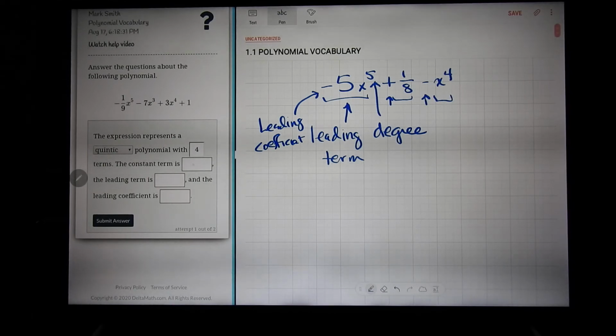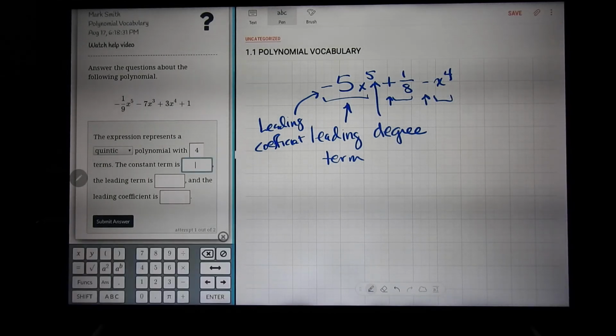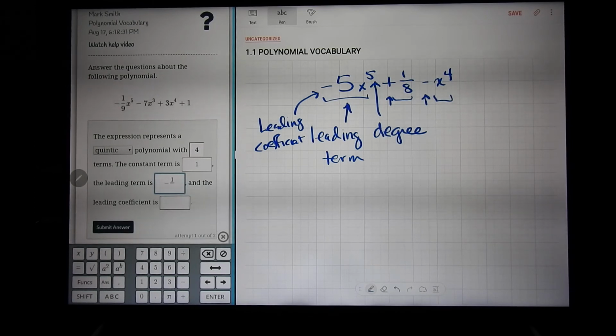Then we have the constant term, the one that doesn't change, which is a 1. And then the leading term is the one with the highest exponent, which is a 5. We need to put that whole term in, so it's 1, negative 1, and again, you put the divide sign in, it makes the fraction for you, which is nice. Then you put the arrow to get out from under it.